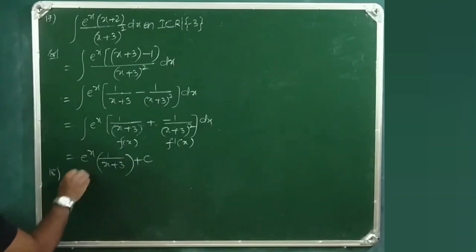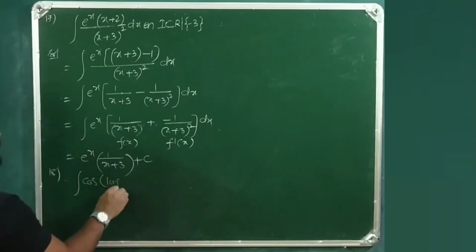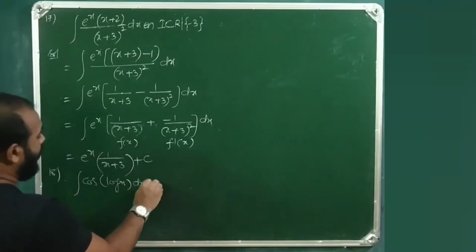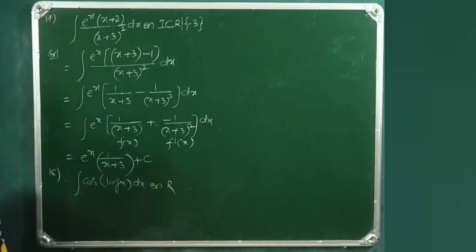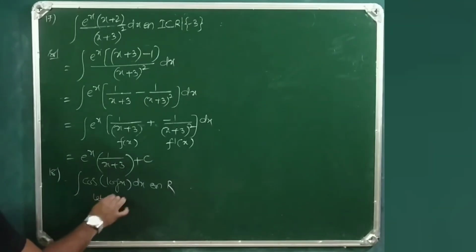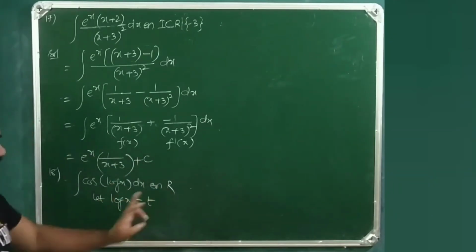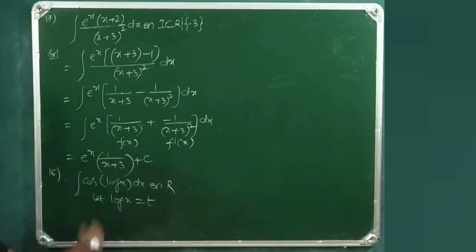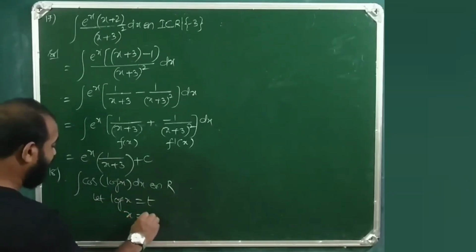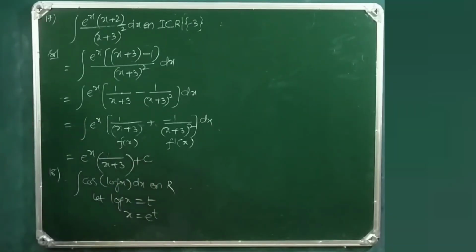The next question is integral cos of log x dx on R. So for cos of log x, let log x be equal to t. If log x is equal to t, then x is equal to e power t.